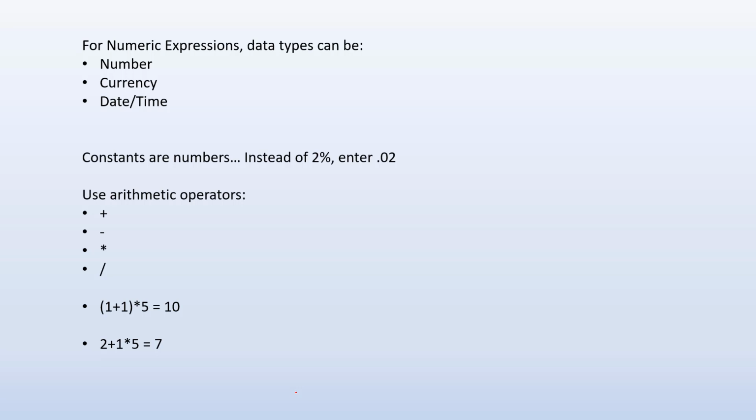So 1 times 5 is 5 plus 2 equals 7. And lastly, if you have the same operators, then you take that in the sequence that it is from left to right. 5 times 3 is 15, and 15 times 1 is 15. So these are some of the basic rules when you're using a calculated field within Access.